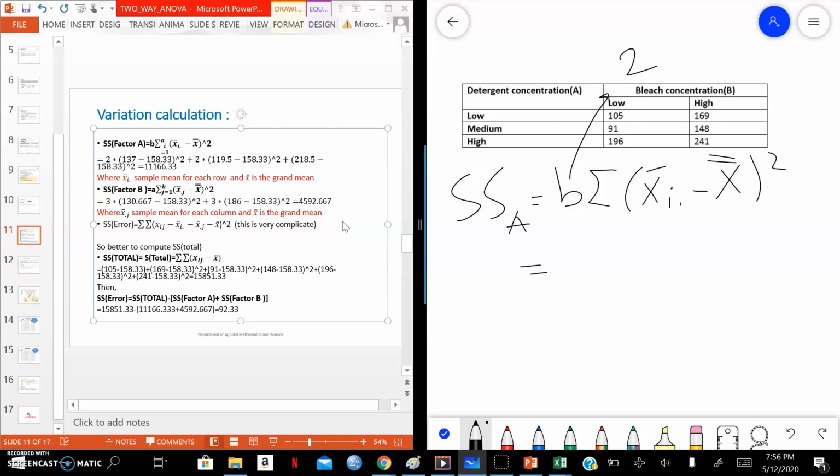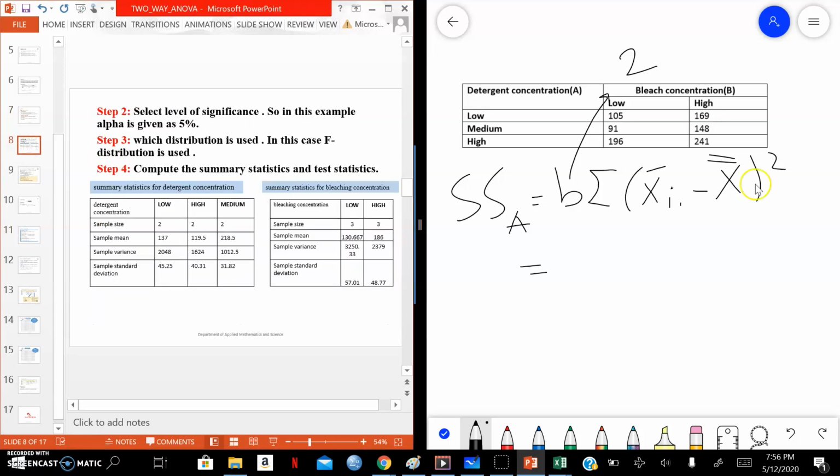What is xi bar? It means you have to subtract the grand mean from the row mean. So how many sample means for rows do we have? We have 3 different means. So each mean is subtracted with the grand mean, because the grand mean is 158 point, and then you add.